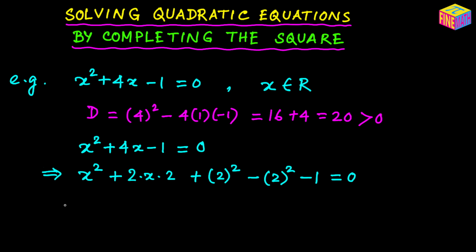Now if you look at the first 3 terms here, this actually looks like x plus 2 whole squared, right? And then what else do we have? We have minus 2 squared, which is minus 4, and also a minus 1, that is equal to 0.